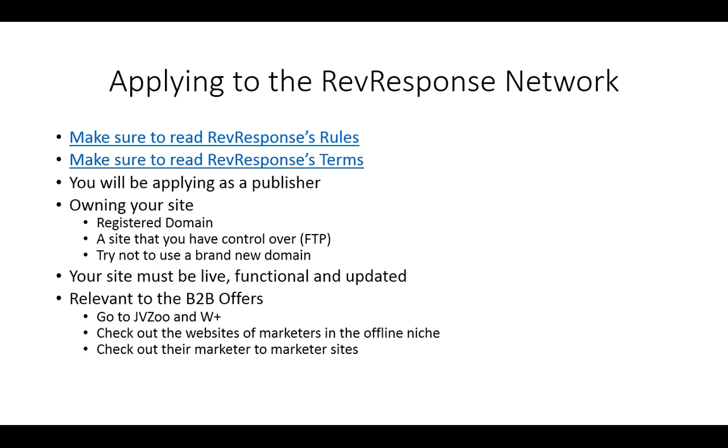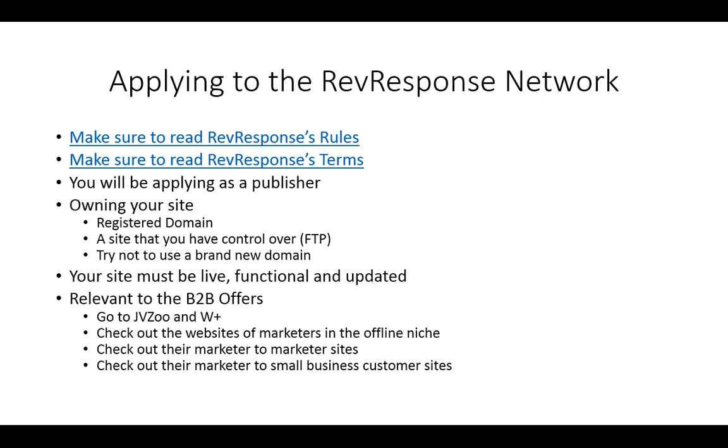Now, the other thing that you want to do, and again, we're talking about what you're going to do in order to create the kind of website that's going to be acceptable to RevResponse. You need to be able to tell them that you have B2B traffic or that you can get it. And one of the other ways that you can do that is you will find that many of those same offline marketers are going to have websites where they market their services to small business.